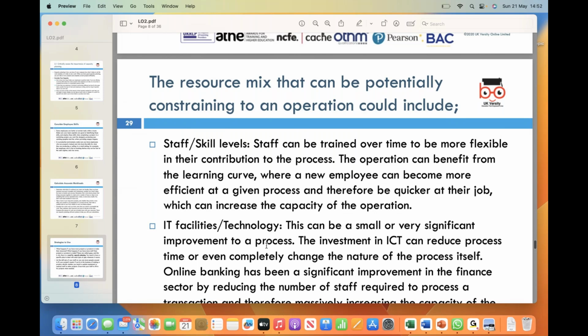Investing in the right technological tools can reduce process time, enhance accuracy, and even transform the nature of the process itself. Let's take online banking as an example. By introducing online banking services, financial institutions have greatly improved efficiency and increased their capacity to serve customers.